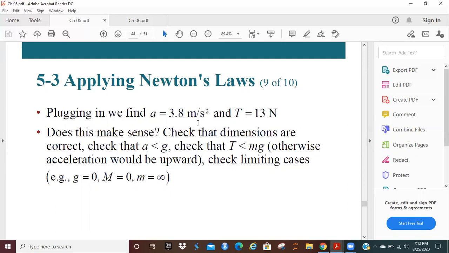Yes. So if it's moving down, it can't accelerate that block any faster than that, right? Yeah. So if we'd got something greater than that, we would have known that something was wrong. Also, this value for the tension here needs to be less than the mass of the little block times gravity. So those are just some things to check in that particular situation.